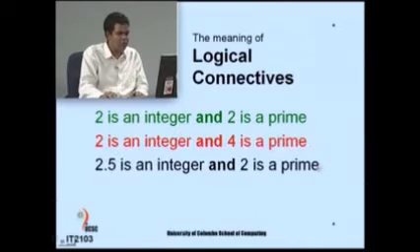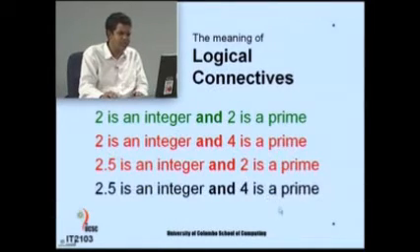Similarly, "2.5 is an integer and 2 is a prime" is false, because even though "2 is a prime" is true, "2.5 is an integer" is false. Similarly, when both propositions are false, for example, "2.5 is an integer and 4 is a prime," the entire proposition is also false. So, this is the meaning of the logical connective AND.